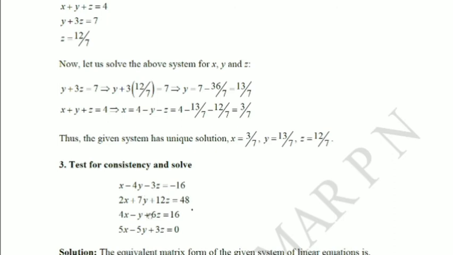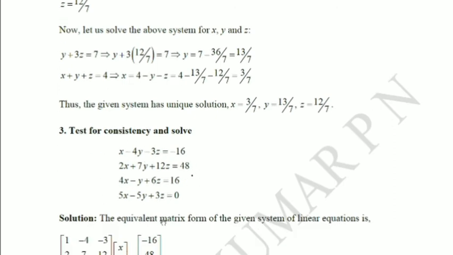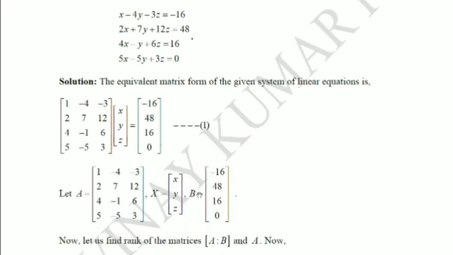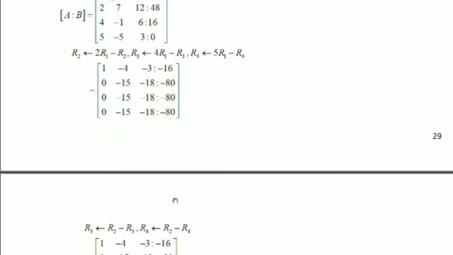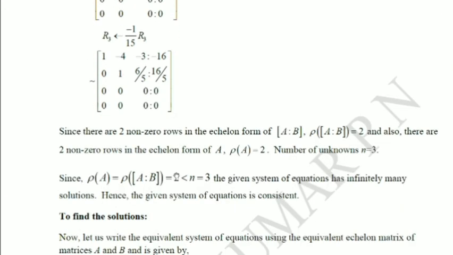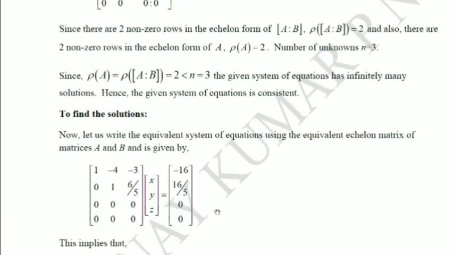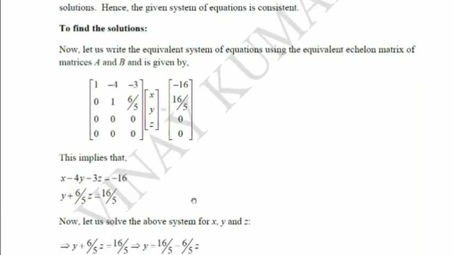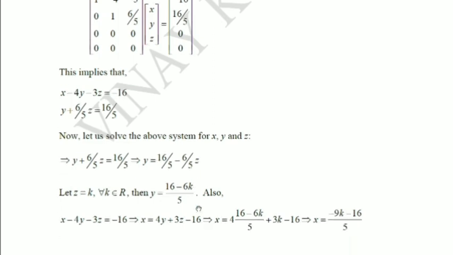So I had given another set of system of equations. You can verify the consistency and you can solve by the same way by finding the rank, right? You can verify whether it is consistent or not and you can find the solution, right?